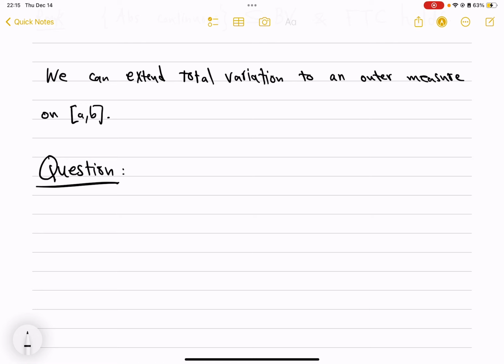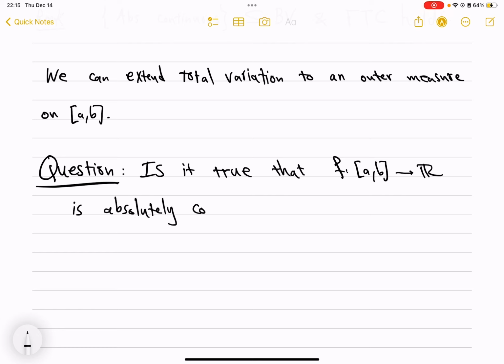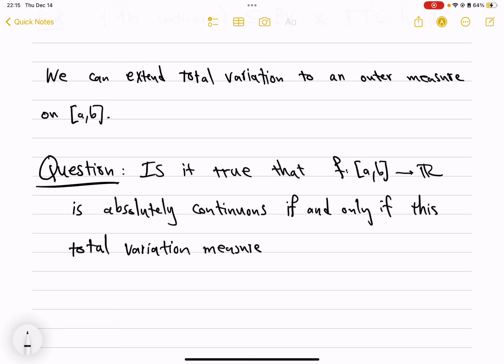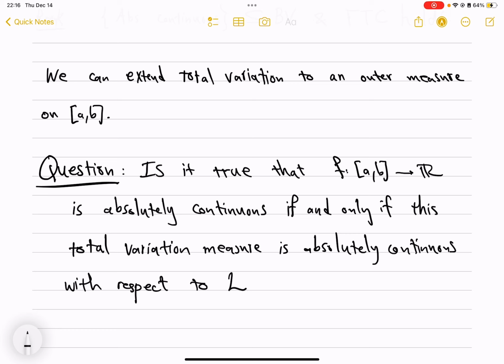is it true that a function f from AB into R is absolutely continuous if and only if this total variation measure is absolutely continuous with respect to Lebesgue measure, L1.